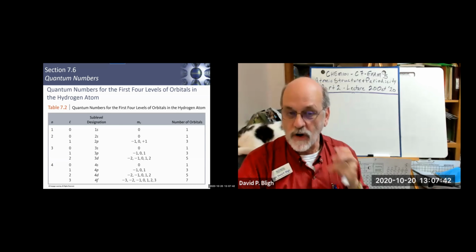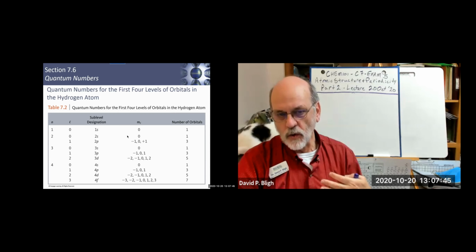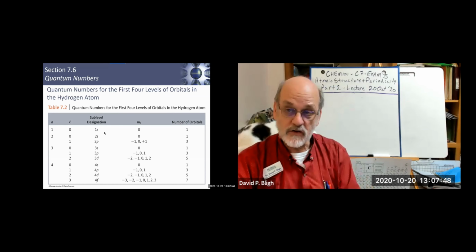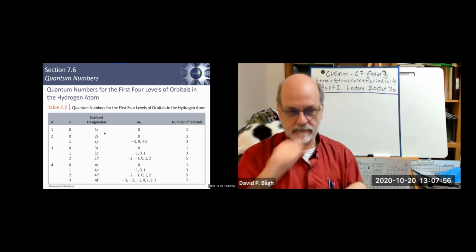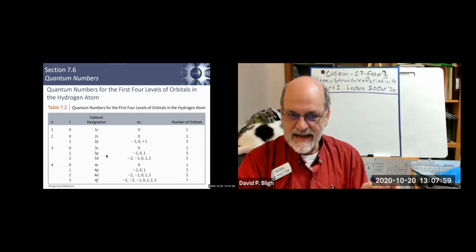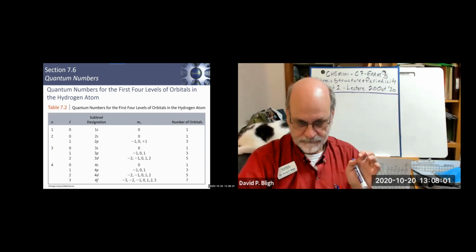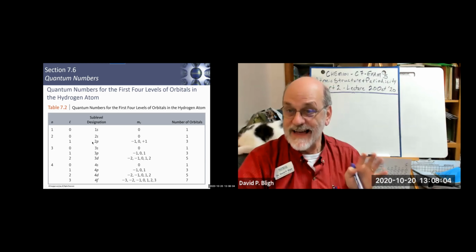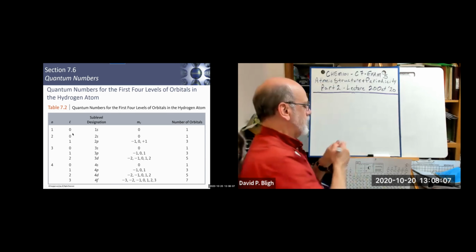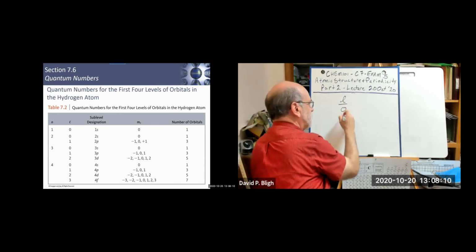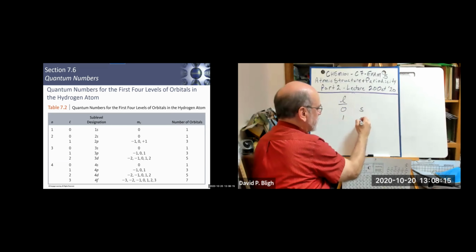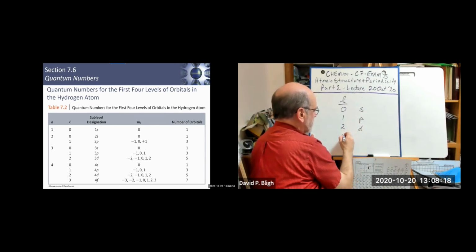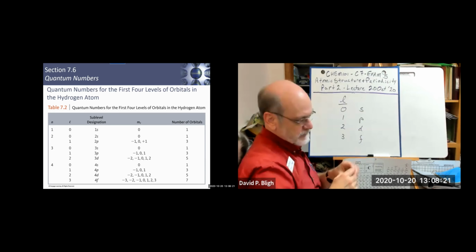There's one convention that's used in order to make writing the electronic structure a little easier, which is the adoption of these letters, S, P, D, and F. And they refer to values of L. So if your L is 0, then the letter for it is S. If your L is 1, it's P, 2 is D, 3 is F.